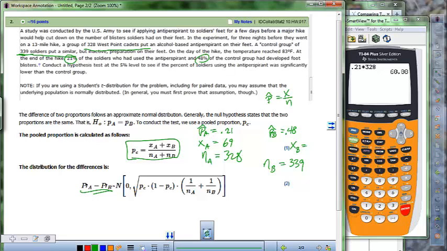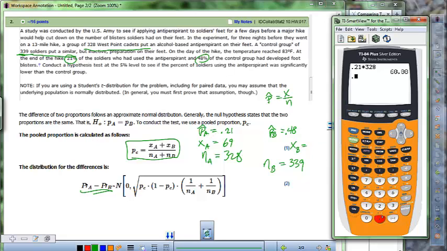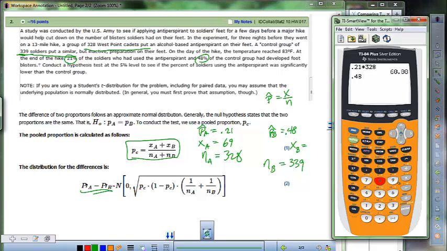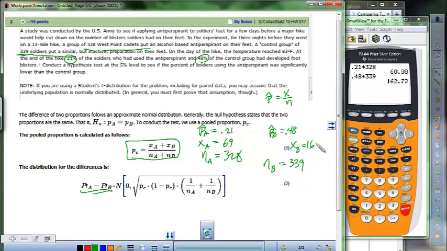Likewise for B, that's 48% of 339. And then we're going to get 162.7. Let's call that 163. So these are XAs and XBs, NAs, and NBs.